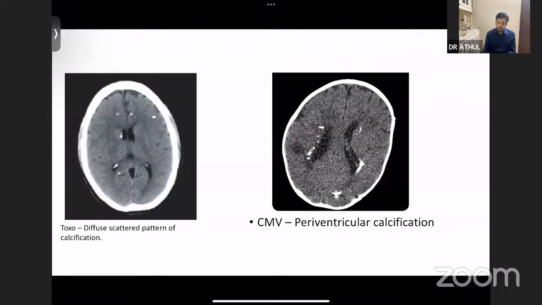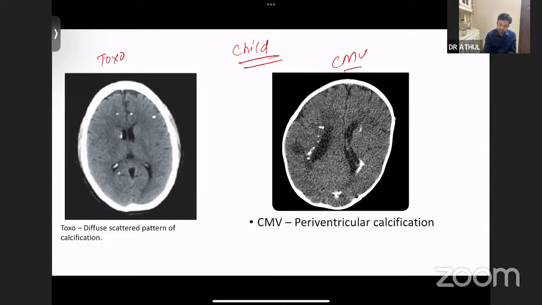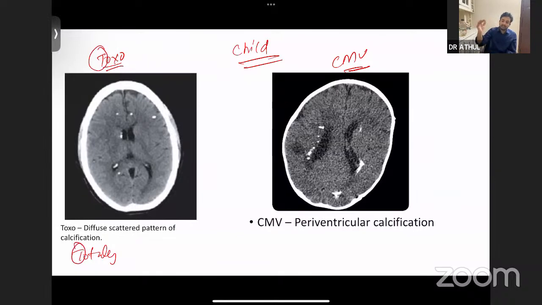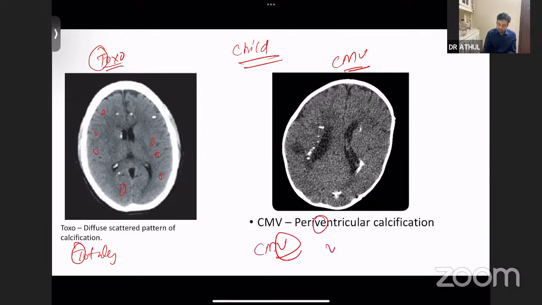Another important CNS childhood infection topic is to differentiate between toxoplasmosis and CMV. Very easy, I will tell you. In toxoplasmosis, there will be totally distributed calcifications, T4T. There will be scattered calcifications here and there. But in CMV, there will be periventricular calcification, V4V.